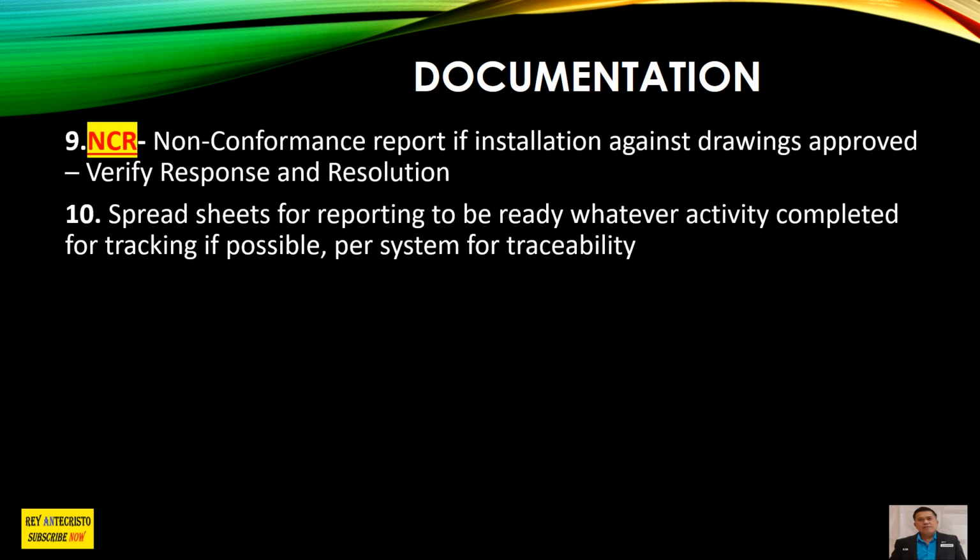Then number 10, spreadsheets for reporting to be ready, whatever activity is completed, for tracking if possible. First, a system for traceability. There is also a document, we have a specification on traceability. How can we be proactive to trace our documents and our materials?